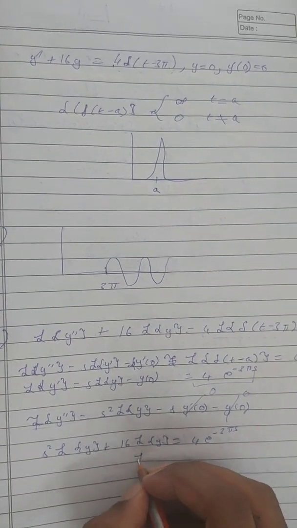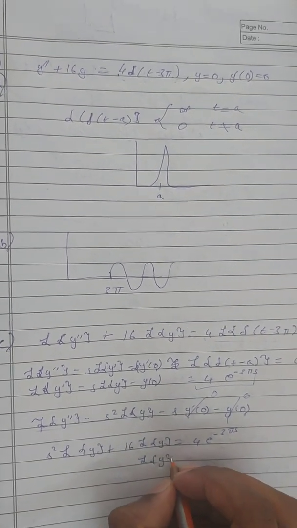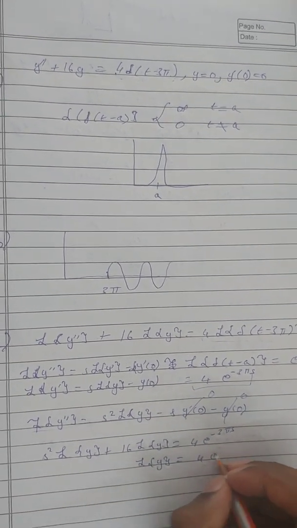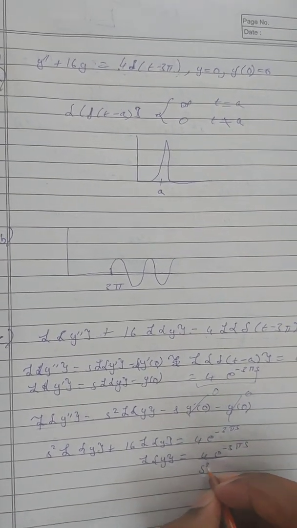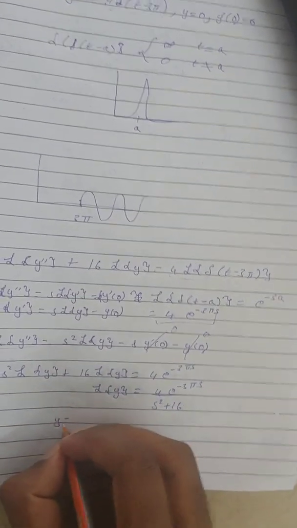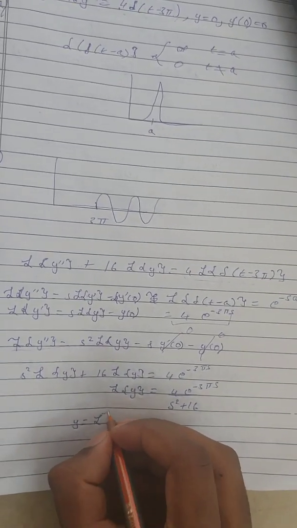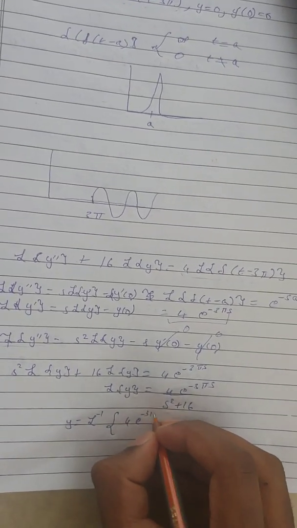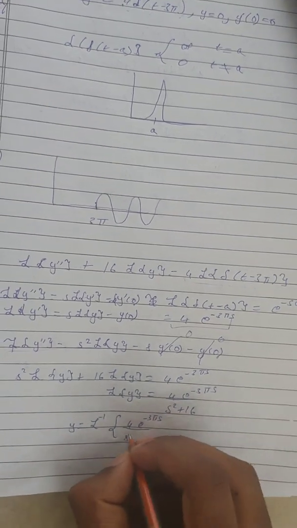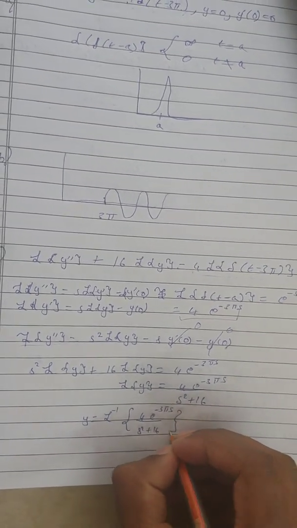So taking Laplace of y in common, we get Laplace of y is equal to 4 e to the power minus 3 pi s by s square plus 16. So y is equal to Laplace inverse of 4 e to the power minus 3 pi s by s square plus 16.